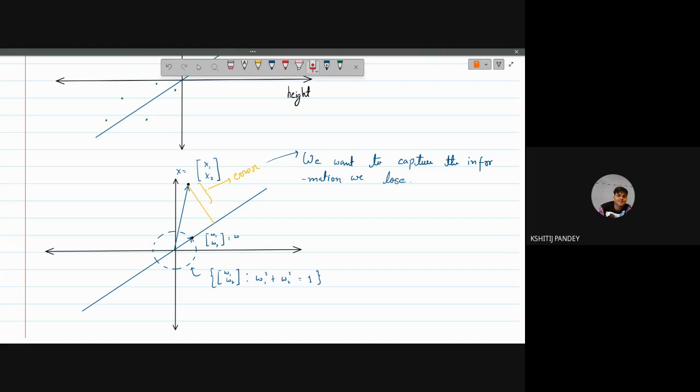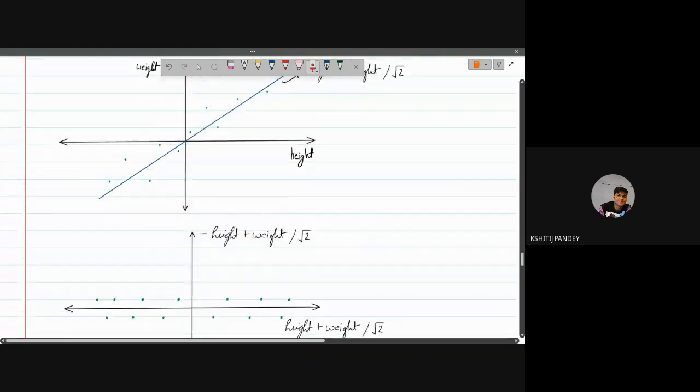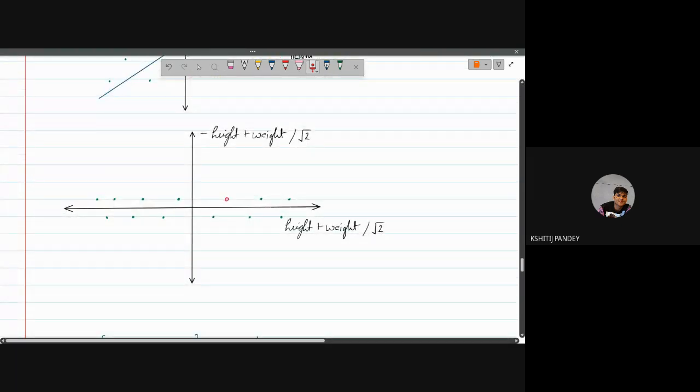So the error vector, let's say this is the point, and on changing the axis, when we make this the x-axis, the point comes here. So the error vector is this.